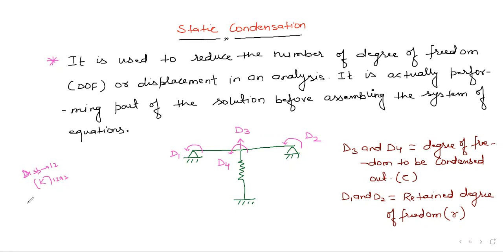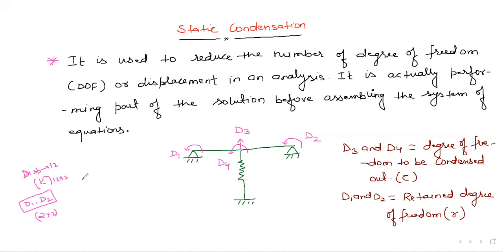But suppose D1, D2, D3 are there, and we want only D1 and D2. Then actually it should be 2 by 2, right? If there are only two displacements, that stiffness matrix is going to be 2 by 2.